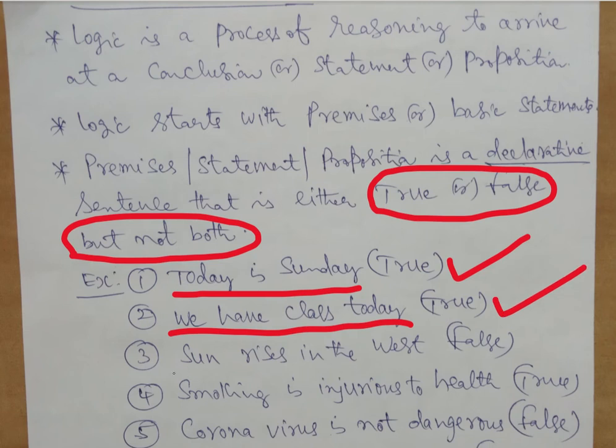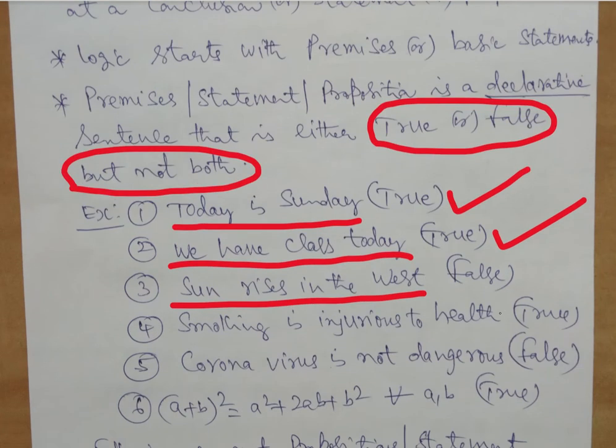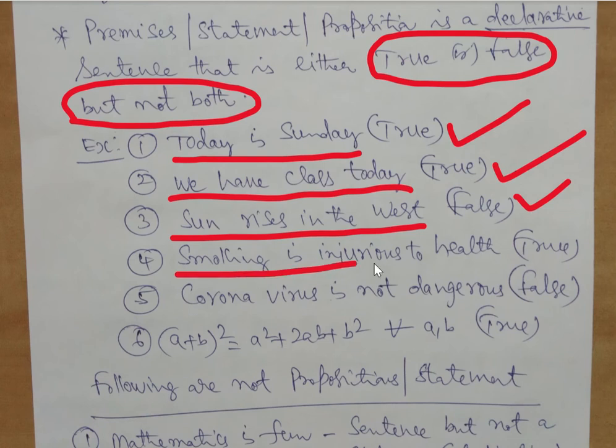Now, the sun rises in the west. We all know that the sun rises in the east, so the statement is a false statement, but it can still be a sentence as far as logic is concerned. Next, smoking is injurious to health. It is also a fact. People say it is very dangerous to smoke, or even passive smoking. Since the statement is true, and I can attach either true or false, this statement is also a proposition. Next, coronavirus is not dangerous.